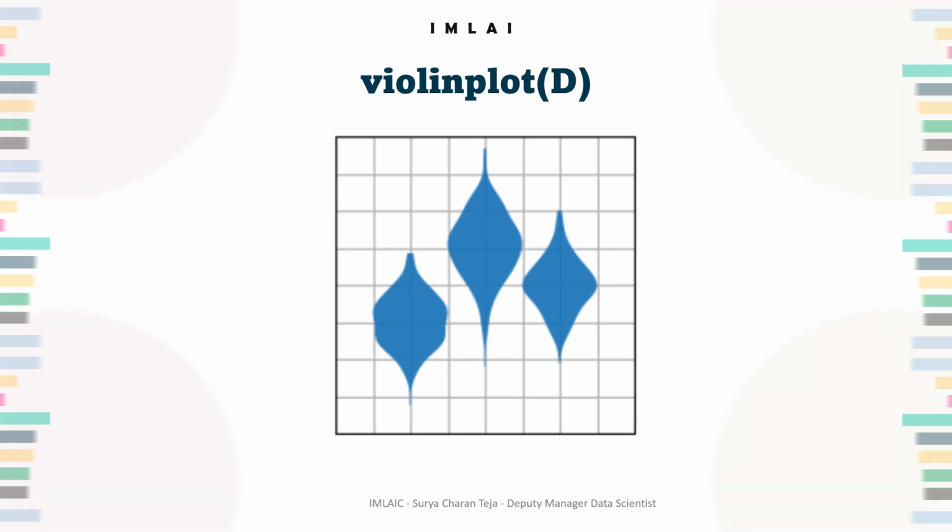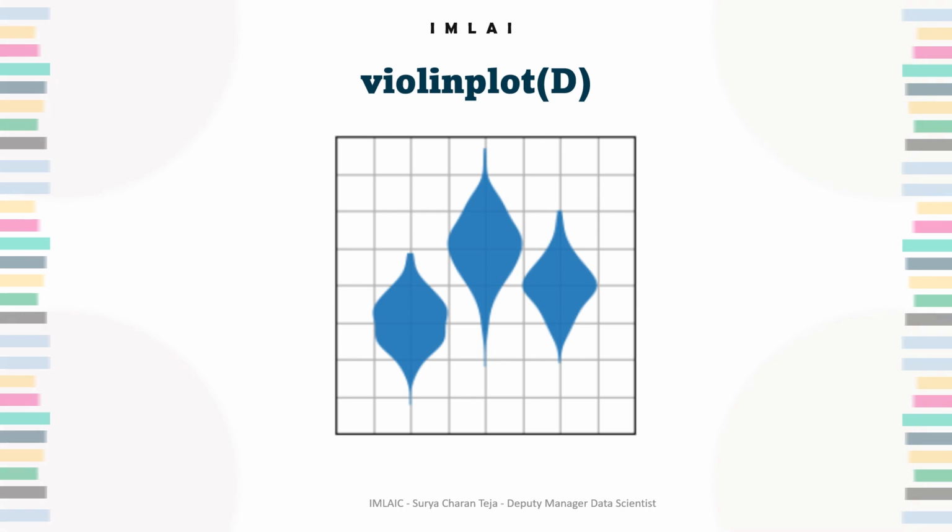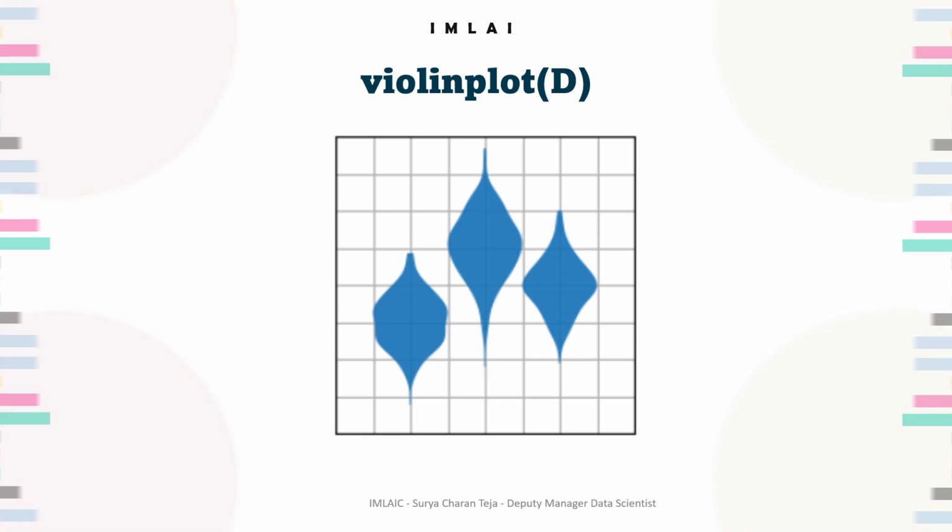Exactly at this portion you will have the IQR, the interquartile range, and in between, the dot will be the median, and then the outside would be 1.5 times the interquartile range. Basically this: violin plots have many of the same summary statistics as box plots.